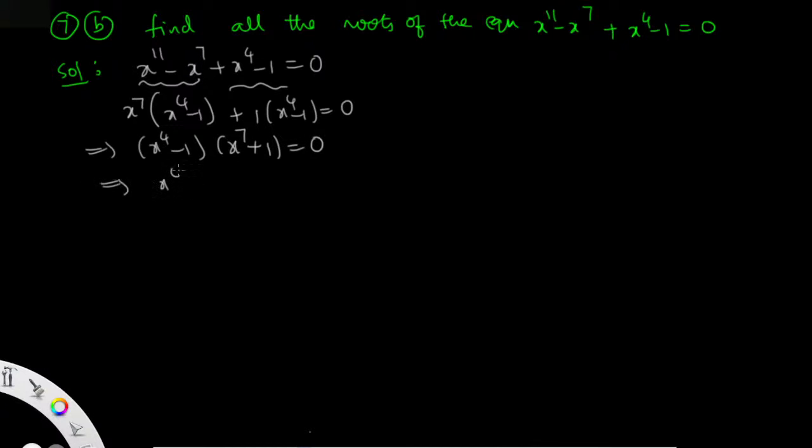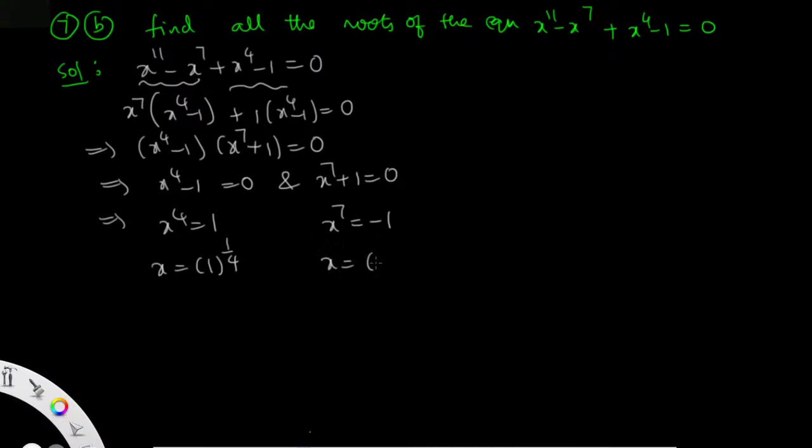So x power 4 minus 1 equal to 0 or x power 7 plus 1 equal to 0. The first we already got in the previous question, that is 1 to the power of 1 by 4. Similarly, x power 7 equals minus 1, then x equals (minus 1) whole to the power of 1 by 7.